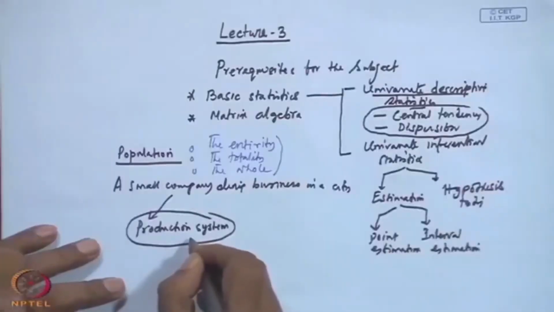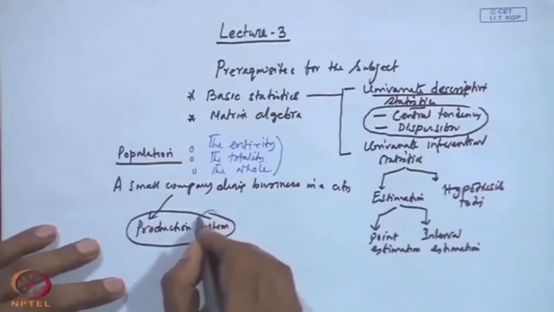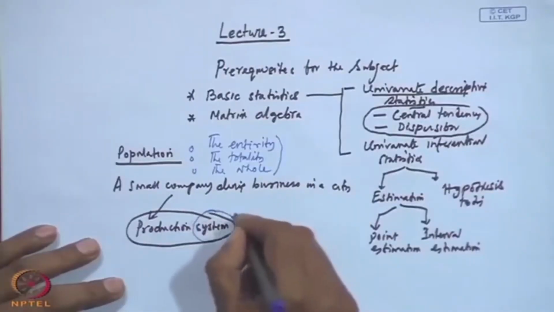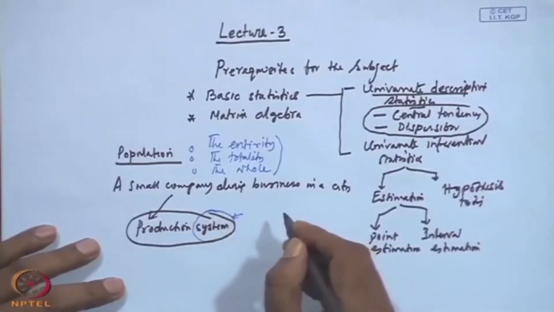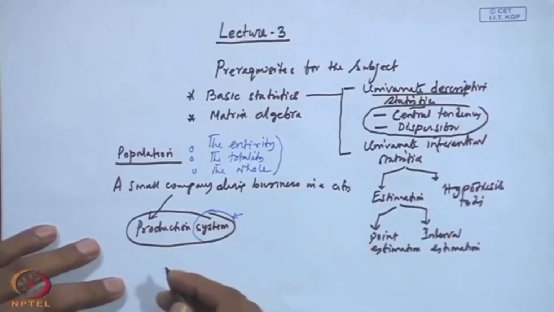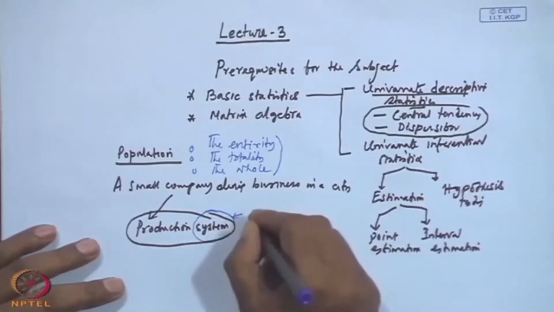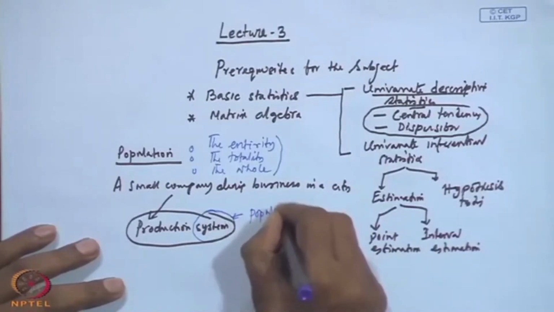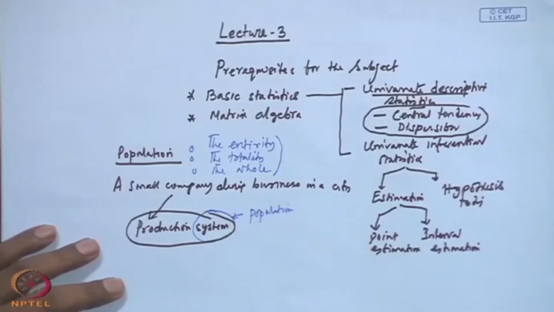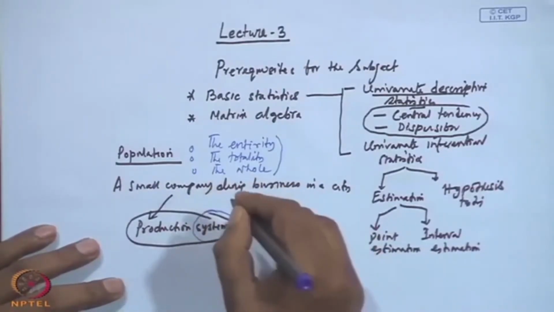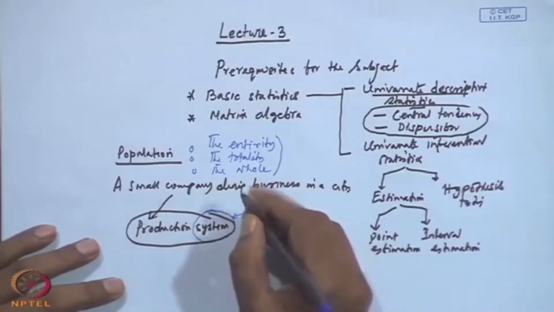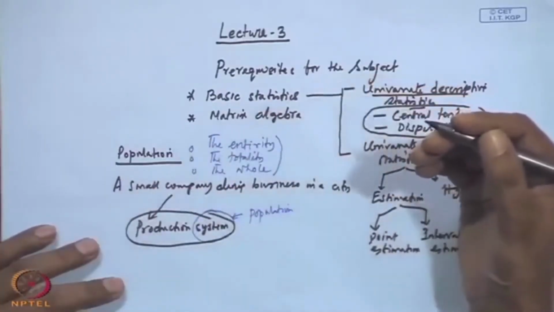From the production system point of view, this word also represents population, the way we understand application of statistics. So, the system is also synonymous for us, it is also population, because a system can be characterized by different variables.